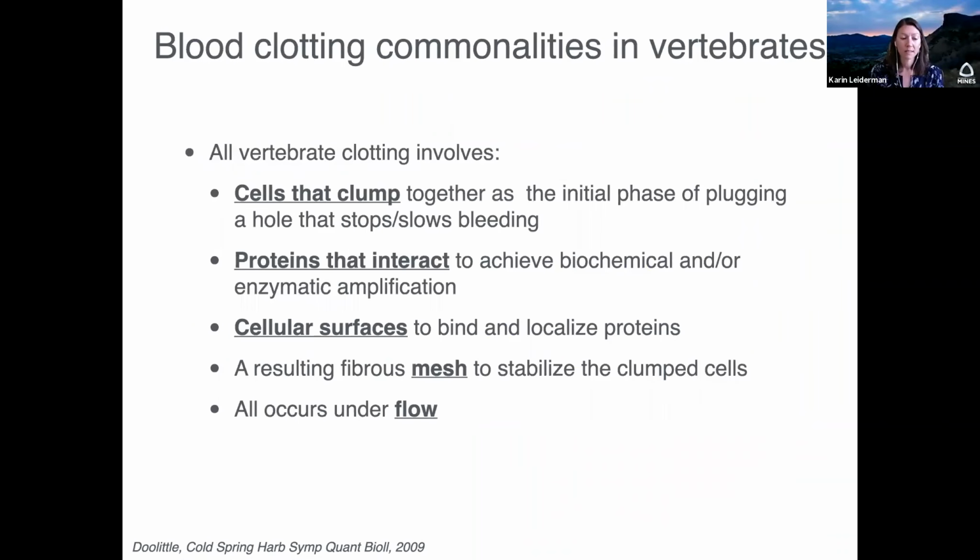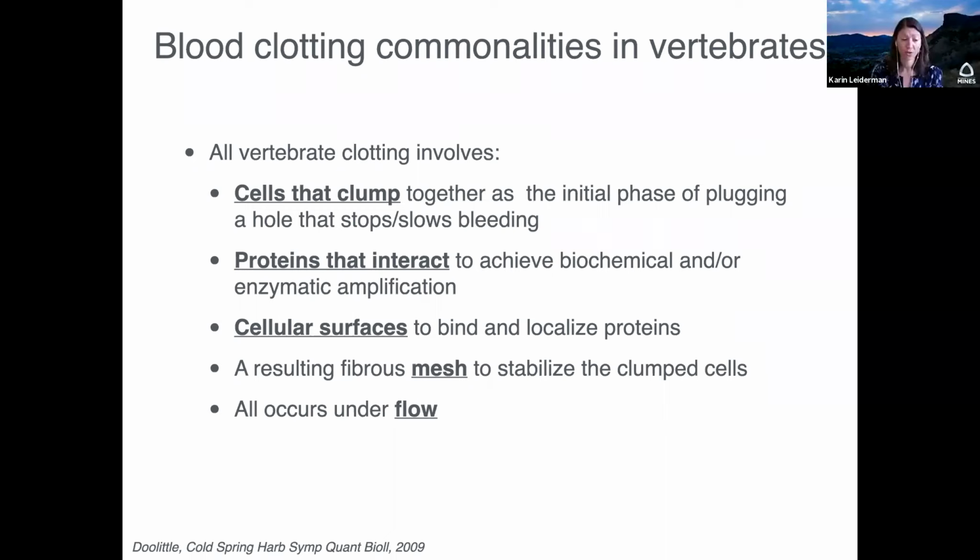So there are some common characteristics of the clotting system within all vertebrates. First, there are cells that aggregate to loosely plug the hole as an initial phase of clotting to stop or slow bleeding. Then there are interactions between many proteins, usually in the form of enzymatic reactions, to amplify and further propagate those chemical reactions.